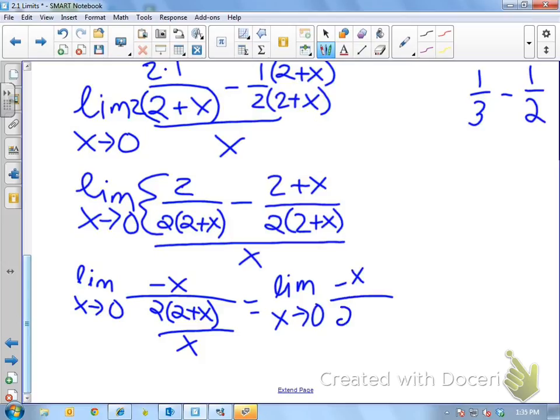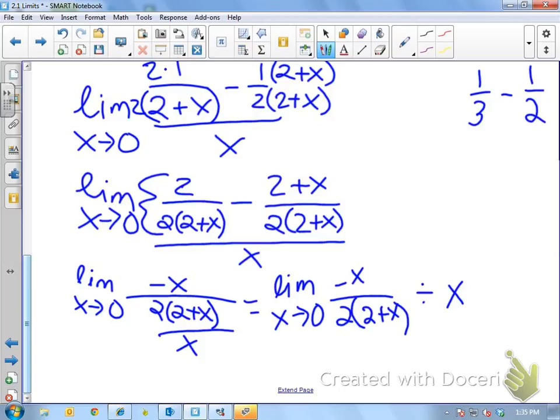I need to write my main fraction divided by x. And that way I can see, when I change it to multiply by the reciprocal, which part I'm actually flipping. So once again, it's personal preference. If you can see what's going to happen with this x without doing that, more power to you.